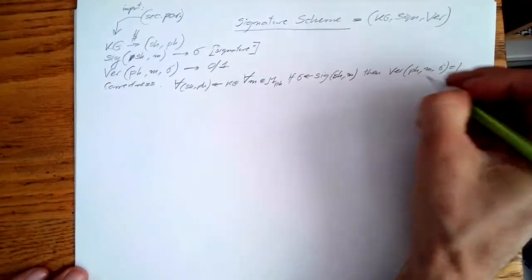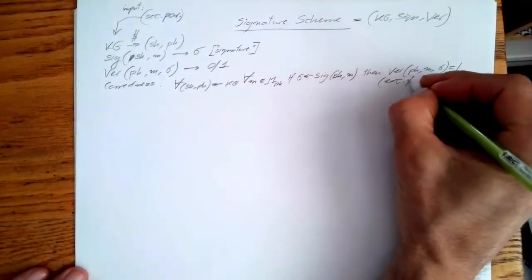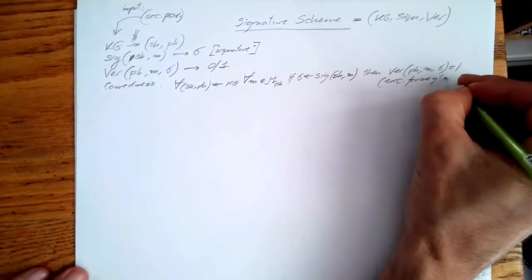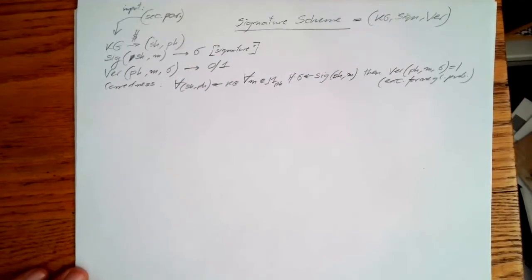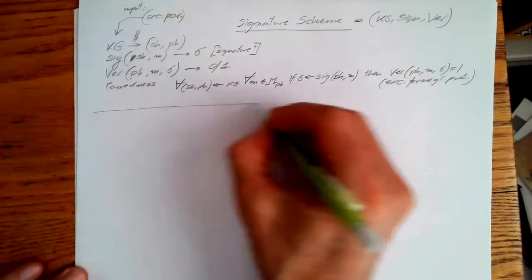In other words, it outputs 1, except for negligible probability.